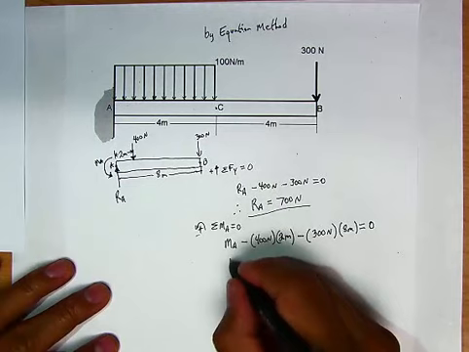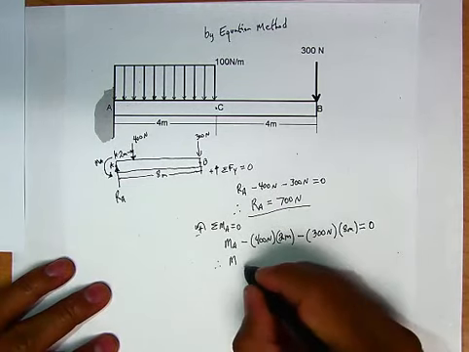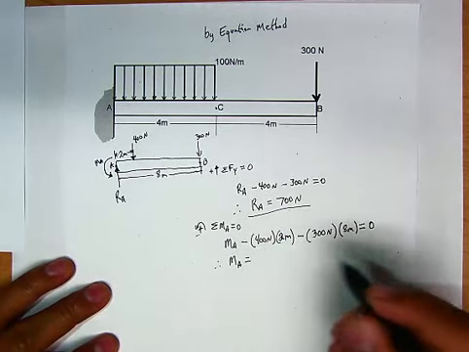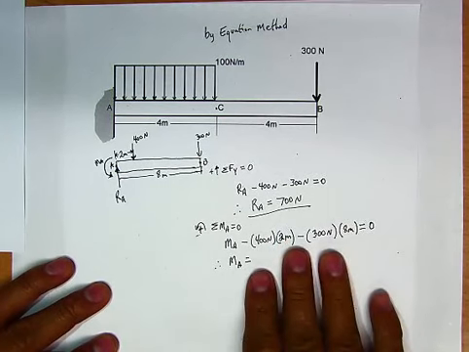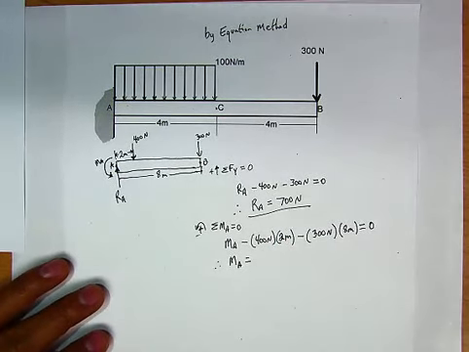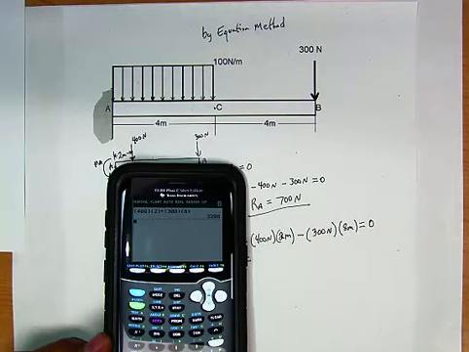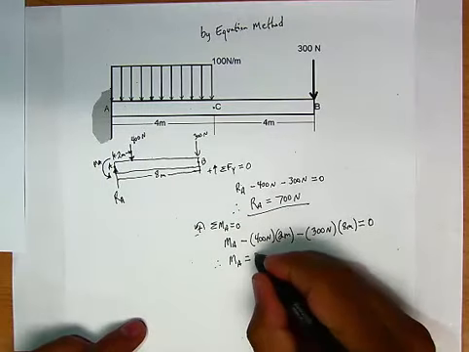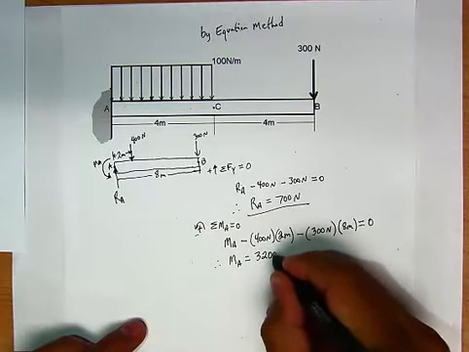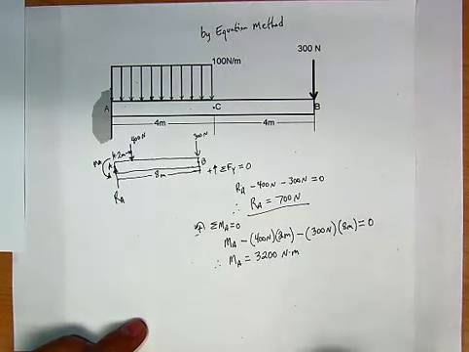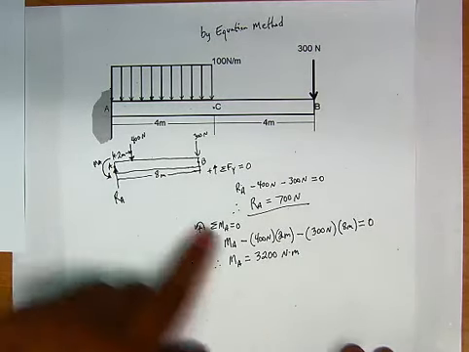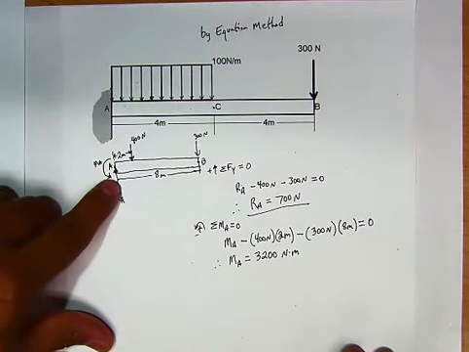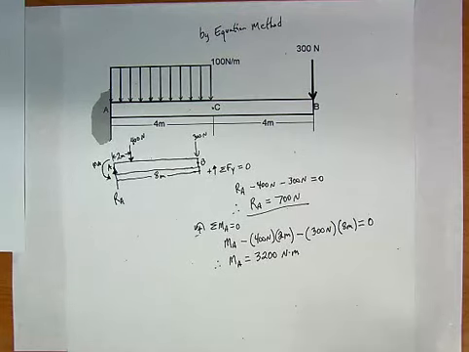If you do your calculations, MA is going to be equal to 3,200 newton meters. The fact that we got a positive number means that we chose the correct direction for our reaction moment.